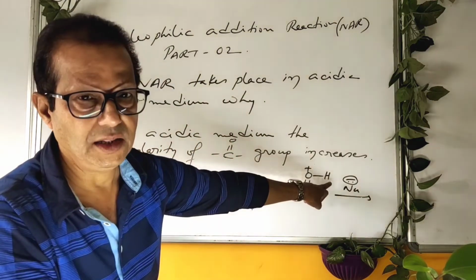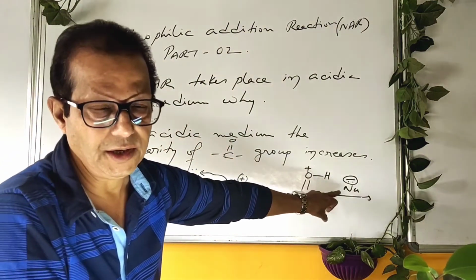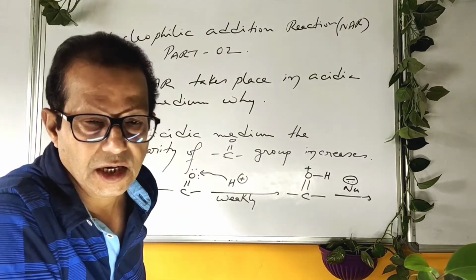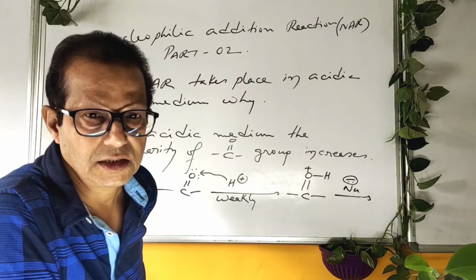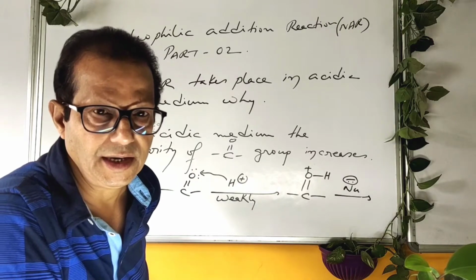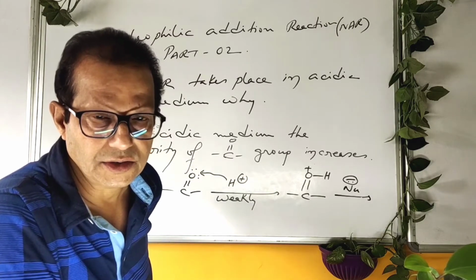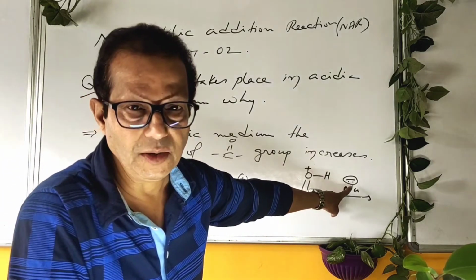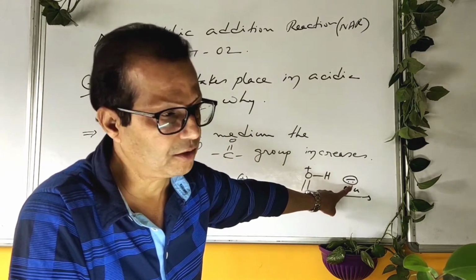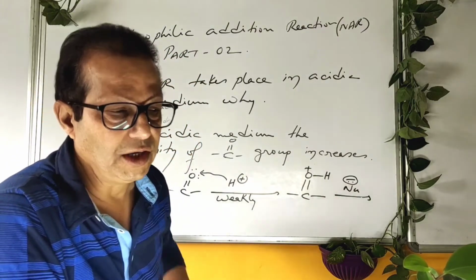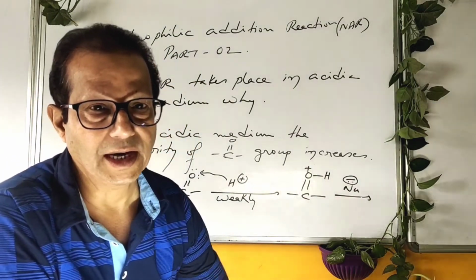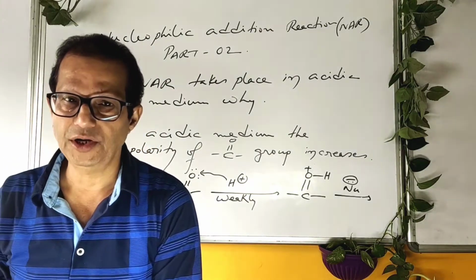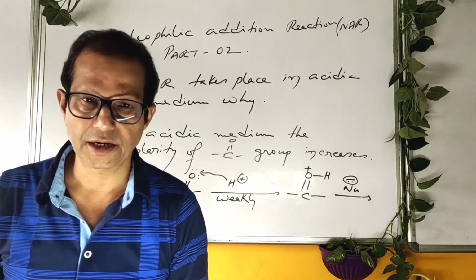This is nucleophile. You already know that nucleophiles are any negatively charged ions such as cyanide ion, CN negative, halide ions, as well as neutral molecules having lone pair of electrons, such as ammonia, derivatives of ammonia, water, etc.